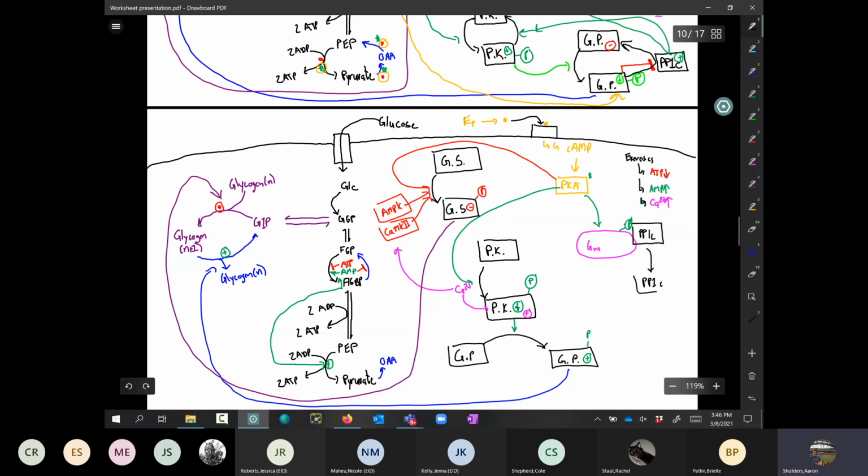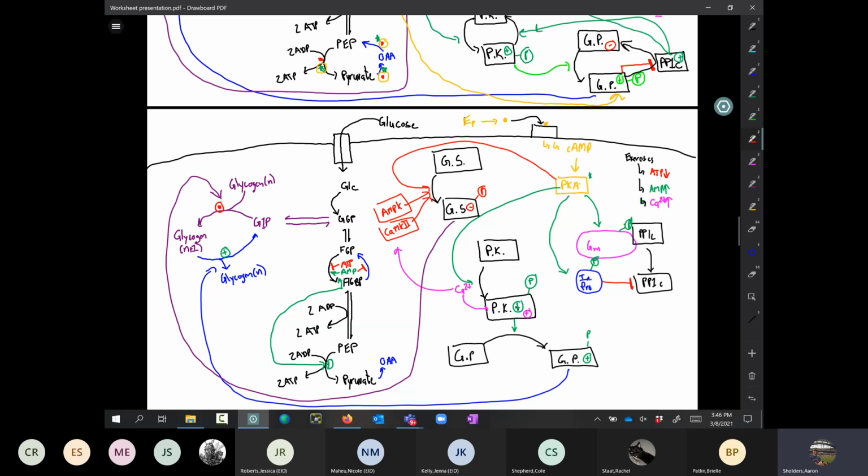Now, at the same time, PKA is going to phosphorylate inhibitor protein. I'll put I in there, inhibitor protein, that then is going to inhibit PP1C, and that will prevent PP1C from undoing everything that PKA or AMP kinase or CAM kinase is doing.